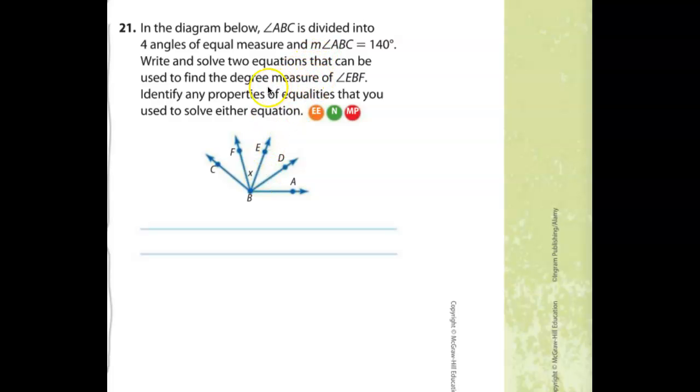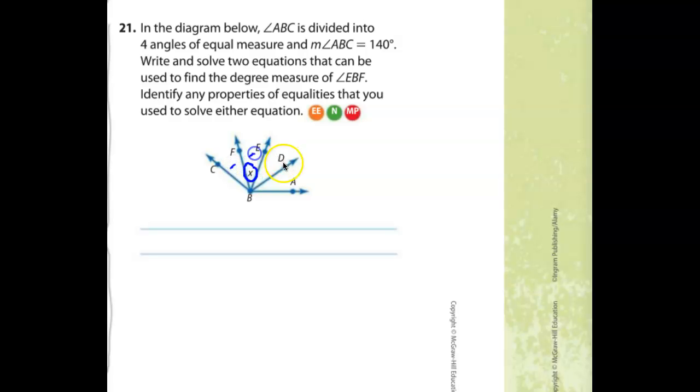Now, since it's said that every one of these angles is equal, we know that we have equal groups repeated over and over again, or something cut into equal groups. That's multiplication and division. So let's write one multiplication equation and one division equation. So looking at this picture here, we have this angle is equal to x.